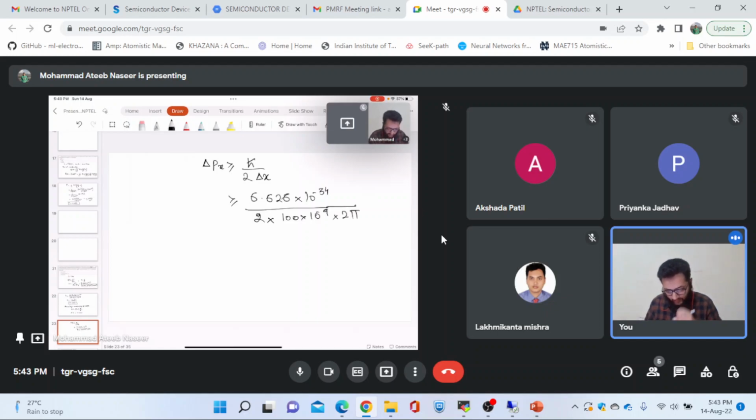This will be the value for the uncertainty in the momentum.